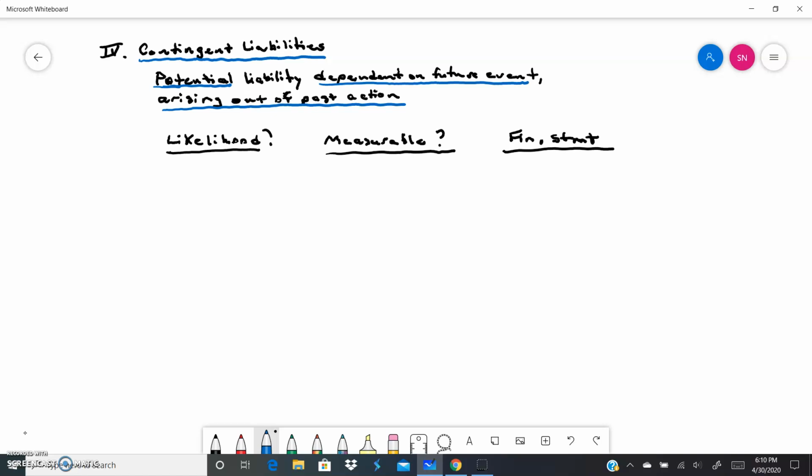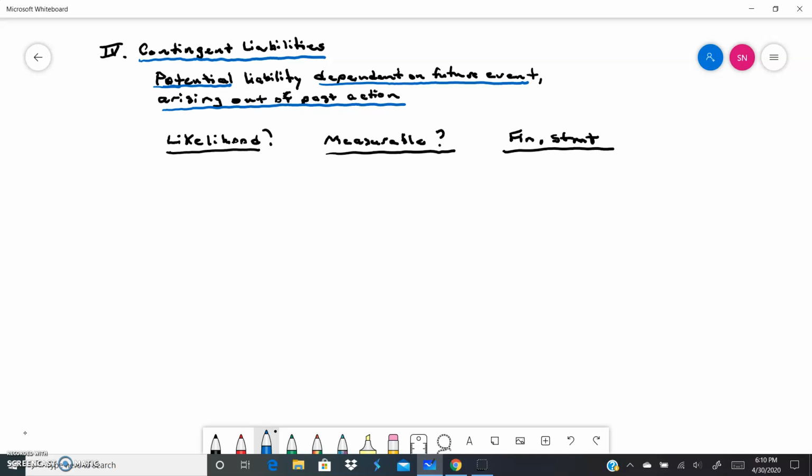Less catastrophic situations would be a warranty. Let's say, for example, automobile makers. Automobile makers sell cars with warranties, and so in that particular instance, at any point in time, General Motors would have a contingent liability. It's dependent upon a future event, which would be the car owner bringing their car back to get it repaired for something that went wrong under the warranty.